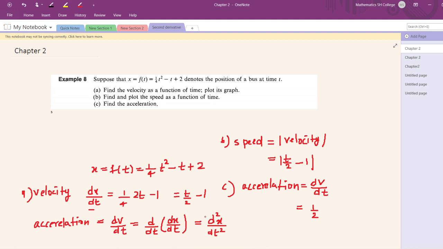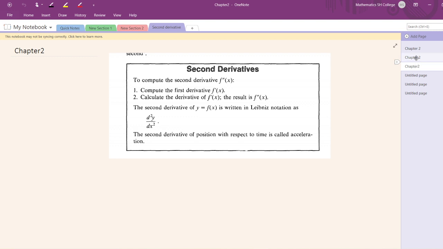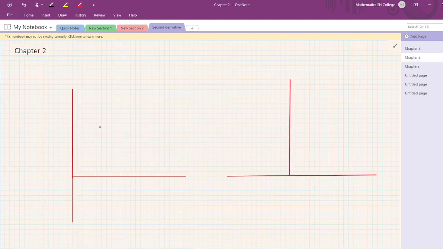Now we also need to plot this. We have to plot this figure. First we will draw for A and this is for B. So first we will plot velocity.